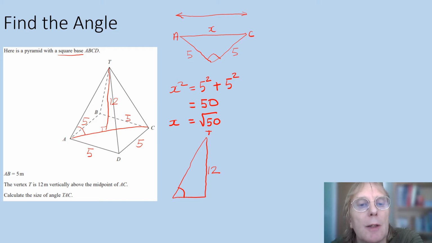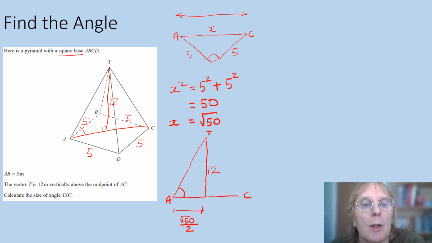If we put on what it is, it's T. That's A. And C is actually there. So we're trying to work out the angle TAC. This length here is going to be root 50 over 2. Half of root 50. Okay, so that's root 50 over 2.